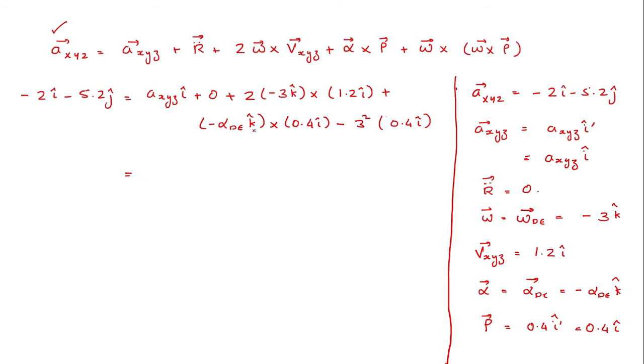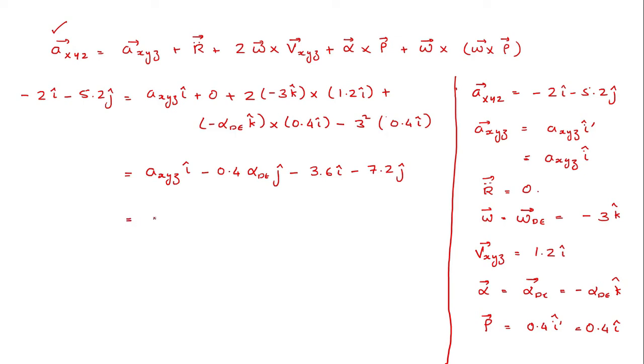Now if you take the cross product and solve this out, you would get a_xyz into i cap - 0.4 into alpha_DE into j cap - 3.6 into i cap - 7.2 into j cap.